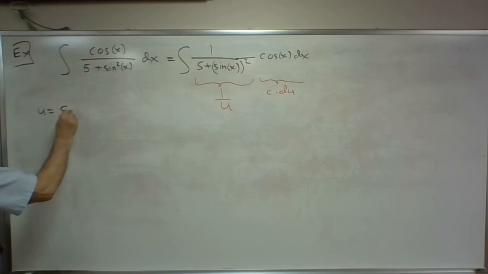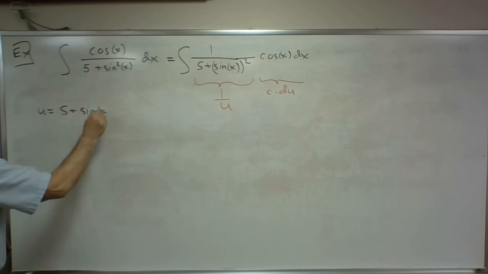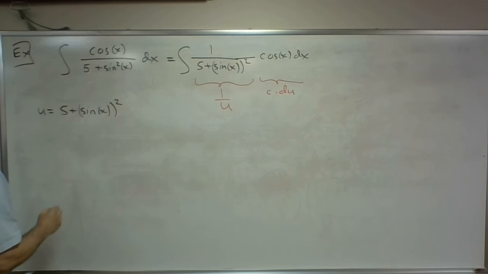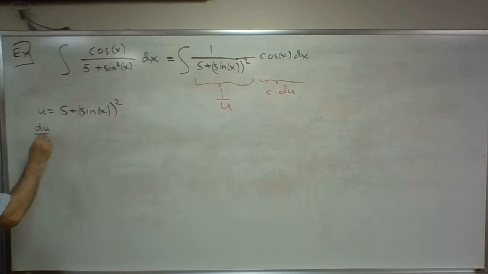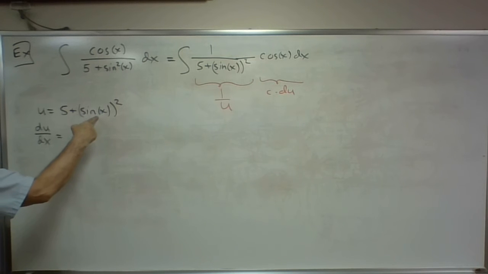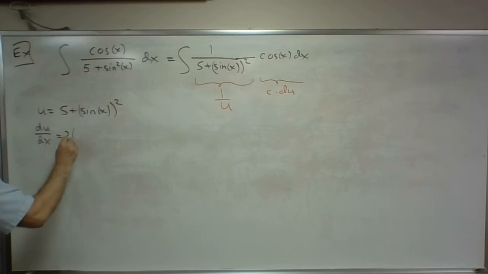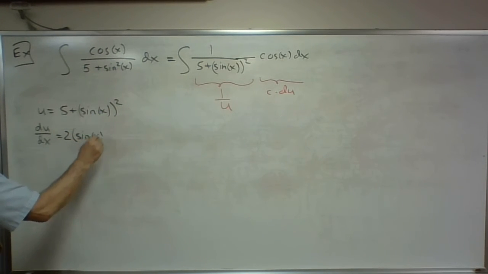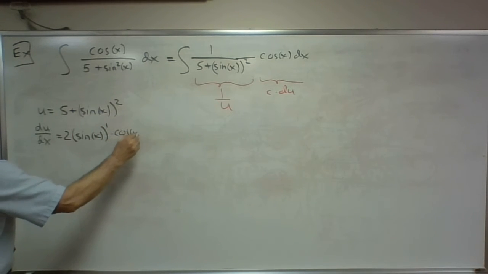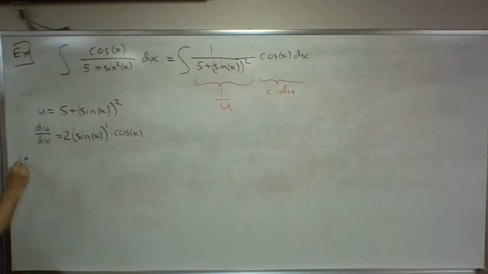u equals 5 plus sine of x squared. So du dx is going to be, derivative of 5 is 0. Here we have a function raised to a power. So we're going to get the power rule as usual, times the derivative of the inner function. And let me just simplify that a little bit.